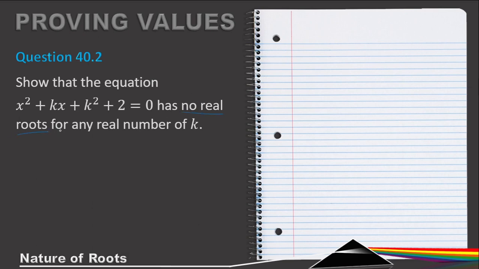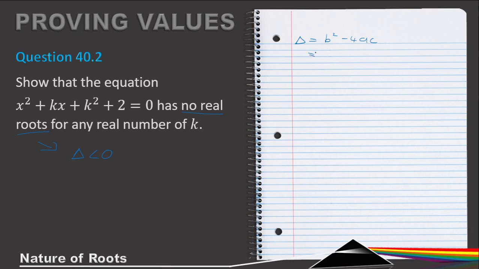And what is the discriminant when we have no real roots? Our discriminant must be less than 0. It must be negative. So we start off once again, discriminant is equal to b squared minus 4ac. We substitute in our a, b, c values and we prove that the final answer is always negative.